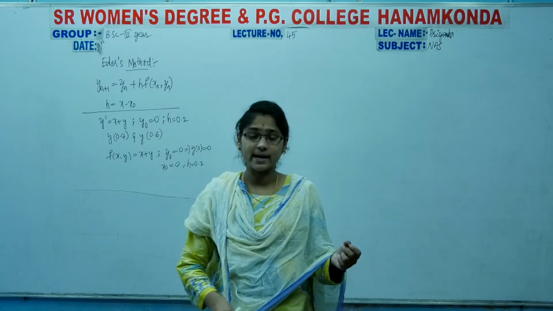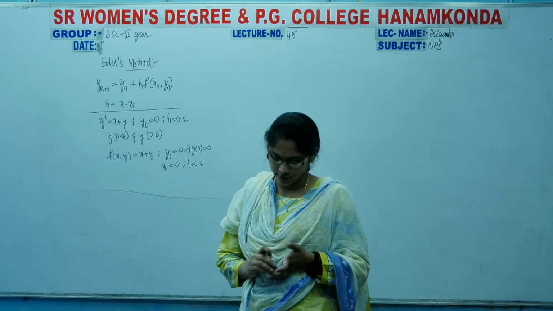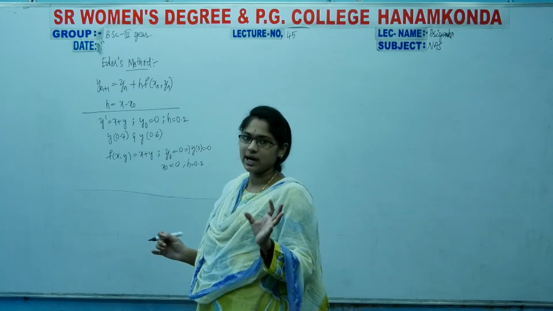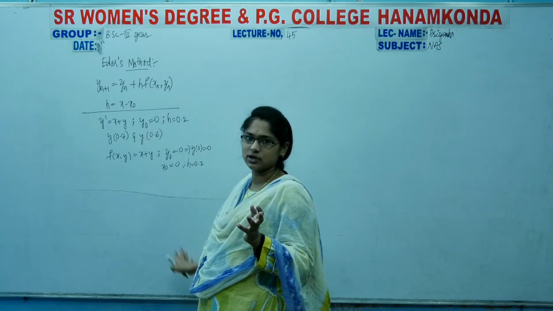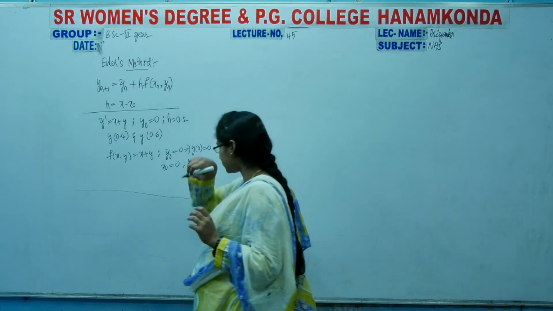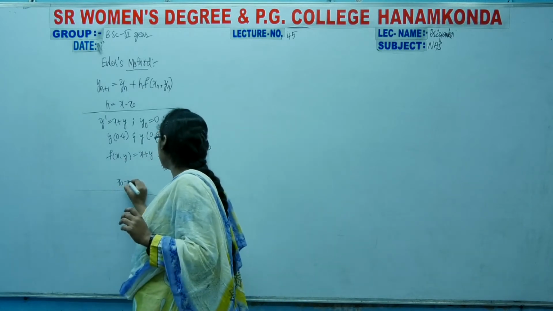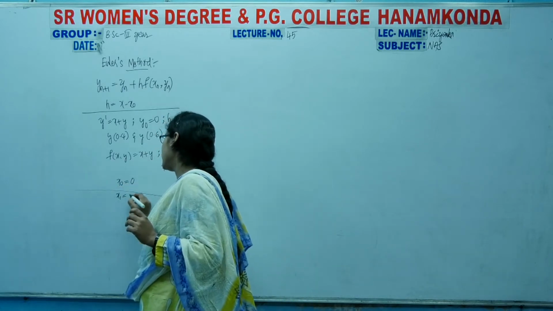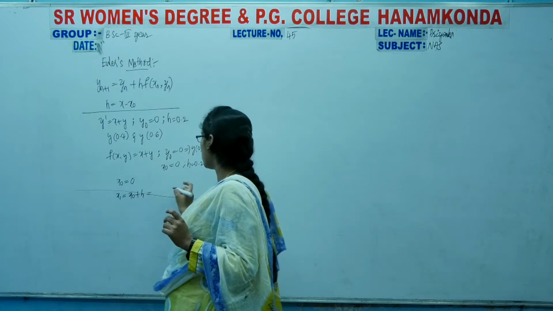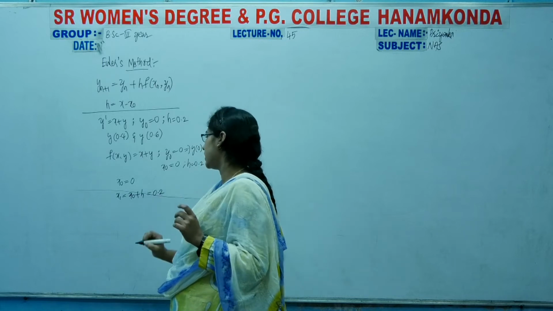Now they are asking to carry out 6 steps, so here we have to find 6 values. First of all I am going to calculate the x values, and afterwards we will go for the functional values. Write down x0 equal to 0, x1 equal to x0 plus h, 0 plus 0.2, that is 0.2.